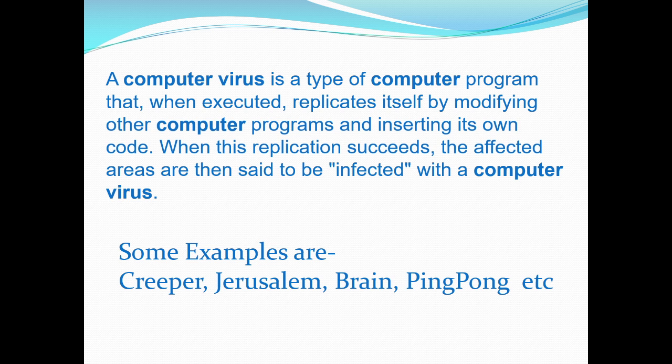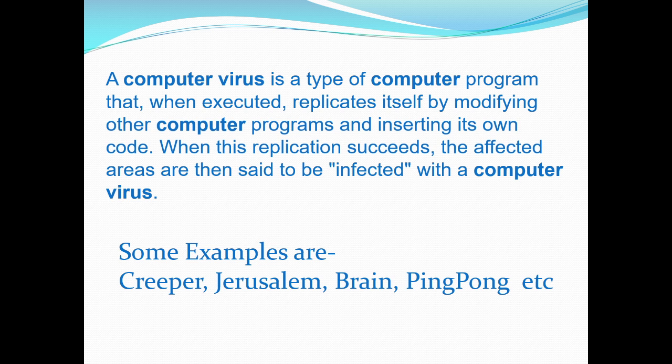A virus is a type of computer program which, when executed, replicates itself by modifying other computer programs and inserting its own code. When this replication succeeds, the affected areas are said to be infected with a computer virus. That is, the normal working of the computer is interrupted.